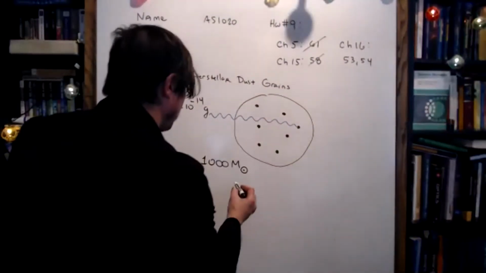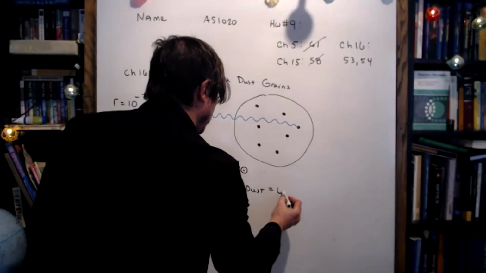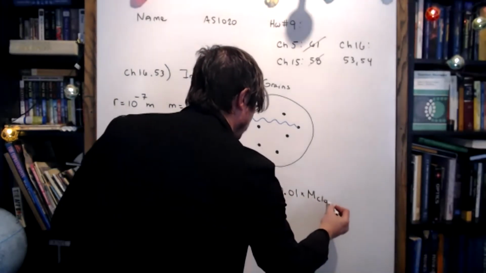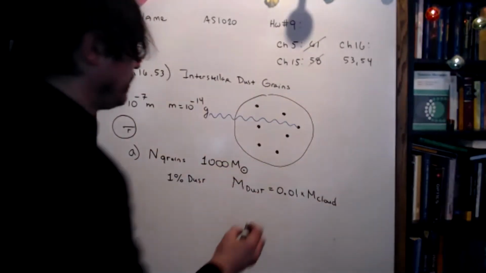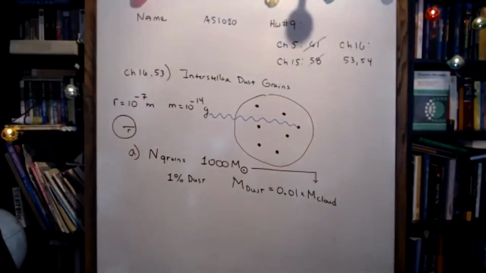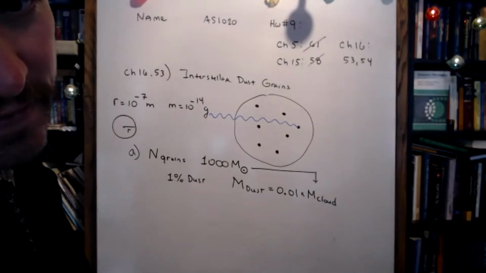So the idea is that the mass of the dust is 1% times the mass of the cloud. So Christopher, I think we can do this in our heads, right? If the mass of the cloud is 1,000 solar masses, then how many solar masses worth of dust do we have?